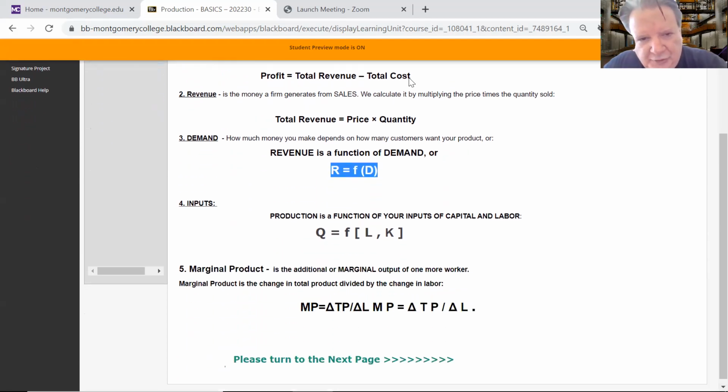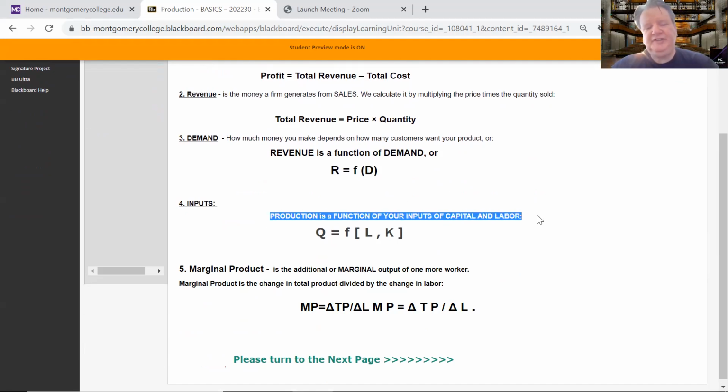So that's your revenue. What about your cost? Your cost comes from a production function, which tells you how much do I need to put in cost-wise to make the product. We usually don't look at materials in economics because it's too simple.